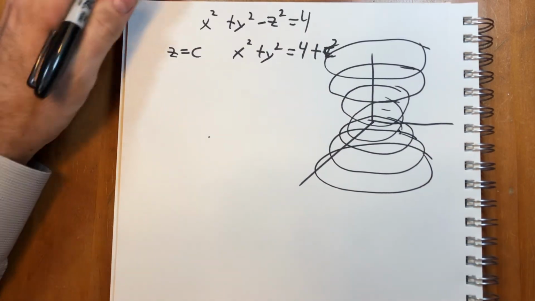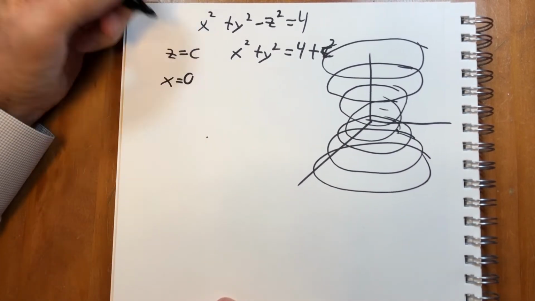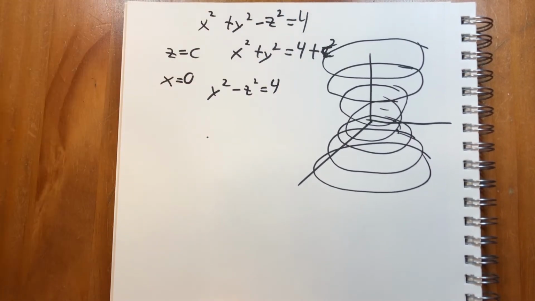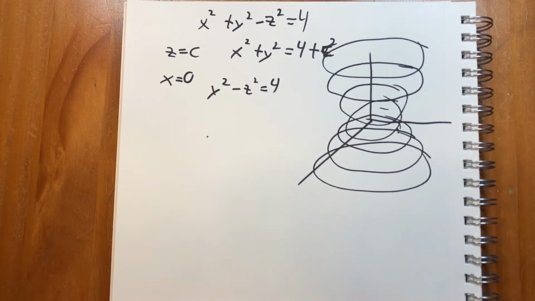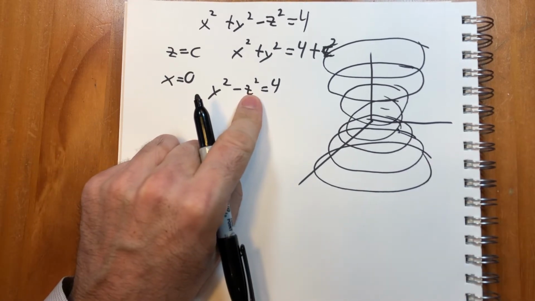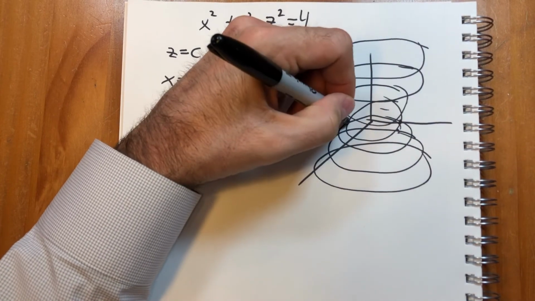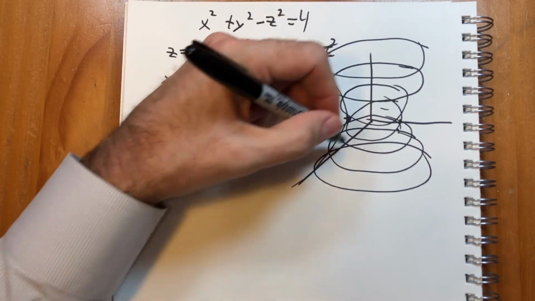Like that. And now if we try taking the cross sections, if we make x equals 0, we have y squared minus z squared equals 4, which again is a hyperbola, this time in the yz plane. And when z equals 0, then y is plus or minus 2. So it would be here and over here. And it's a hyperbola in this direction in the yz plane.